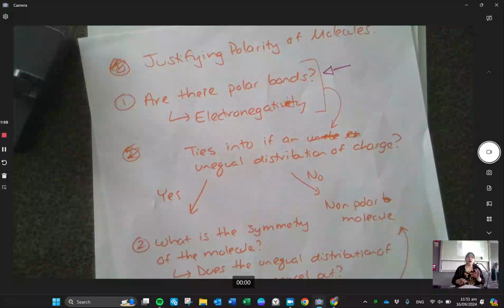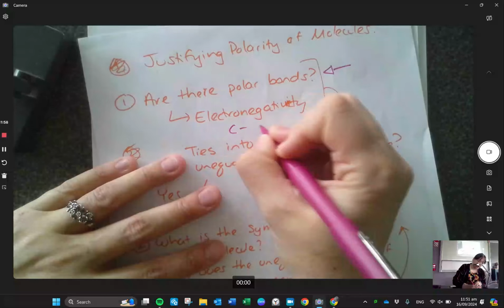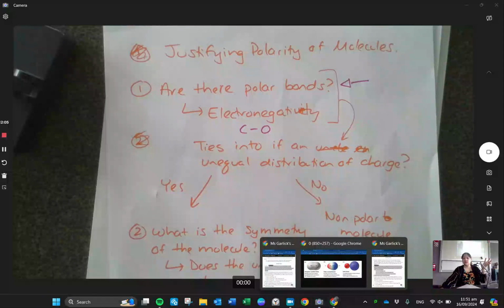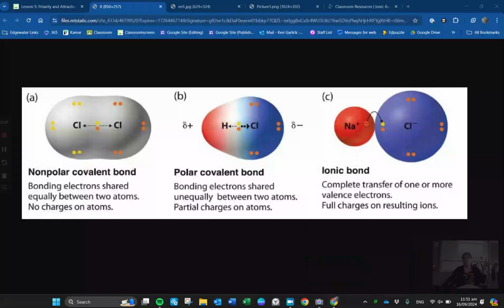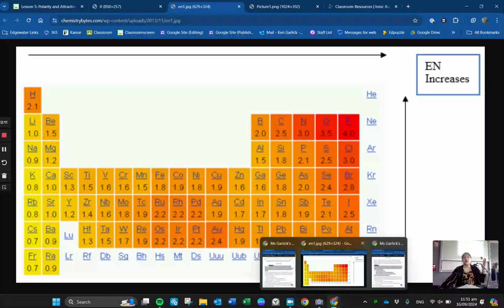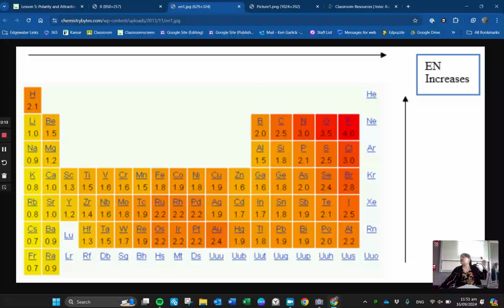So for example, if I was dealing with carbon and oxygen, I look at the periodic table and think, which one should be more electronegative? We know from the patterns that as we go up and across, elements get more electronegative.